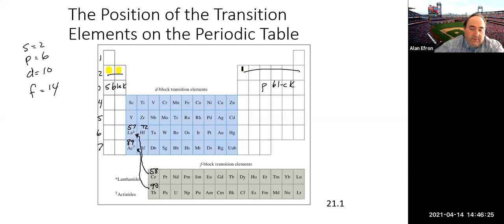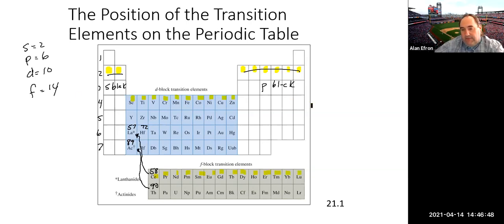P has a grand total of 6 if you fill up the entire subshell: 2, 3, 4, 5, and 6. D has 10: 1, 2, 3, 4, 5, 6, 7, 8, 9, and 10. F has 14: 1 through 14.